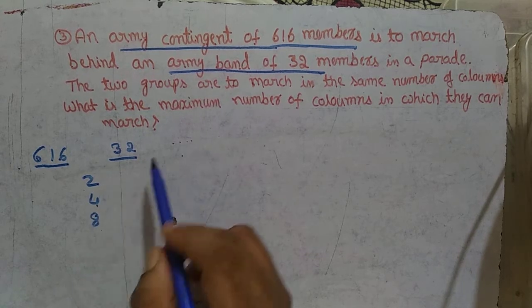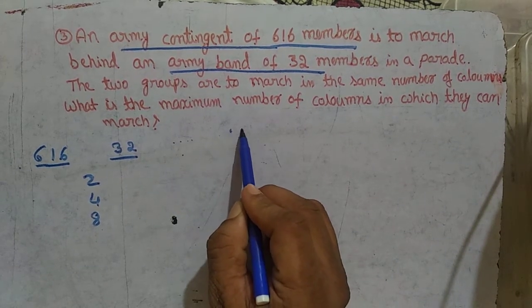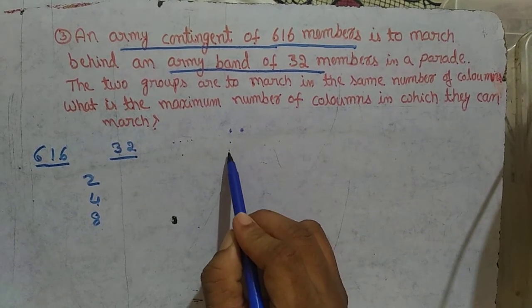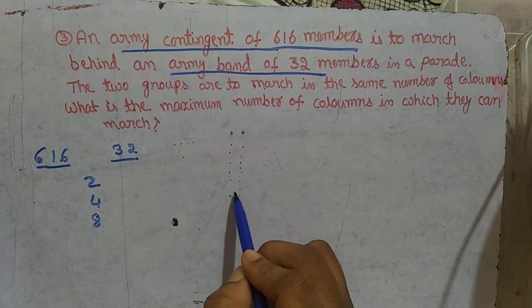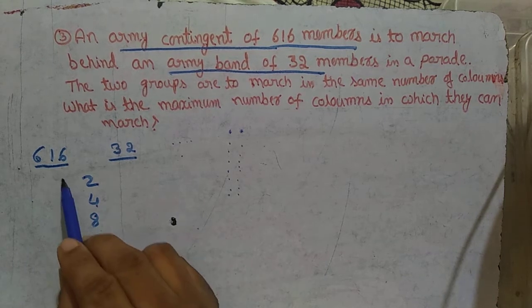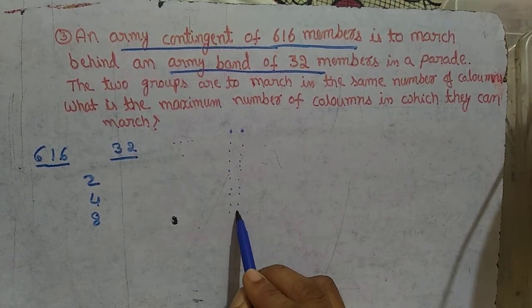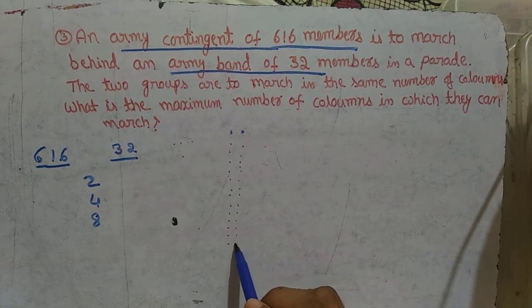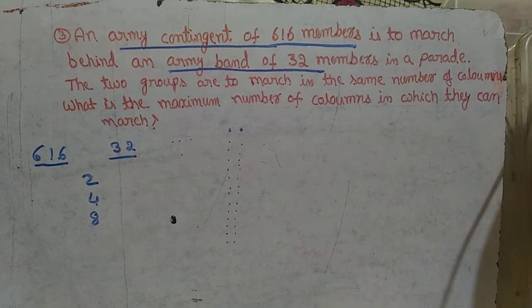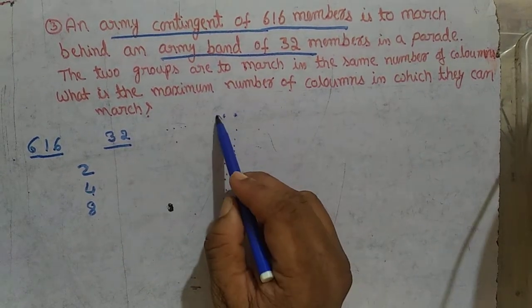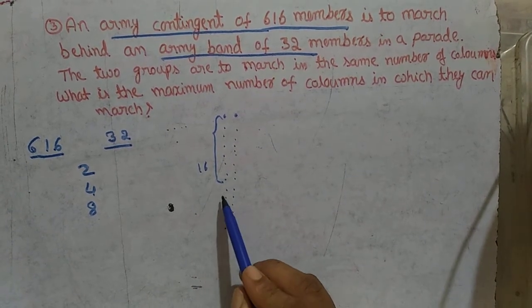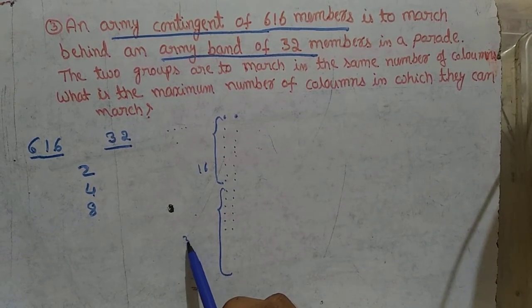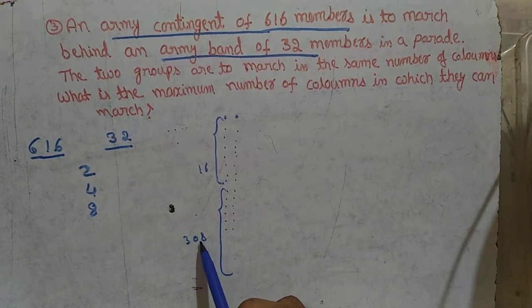Taking 2 means 2 columns, where 16 band people come like this, and 308 army contingent members will go like this. So here, 16 in each column for the band, and 308 rows.